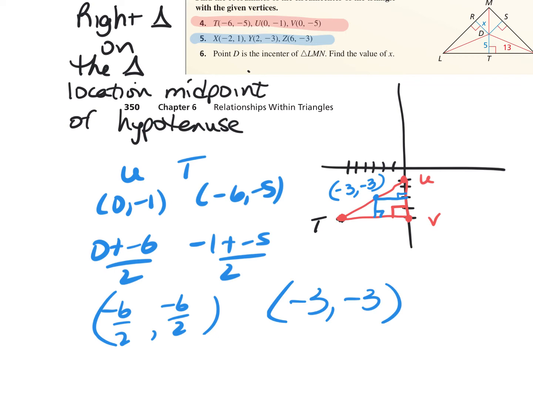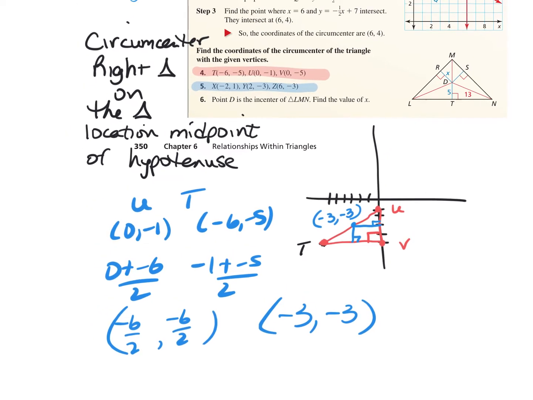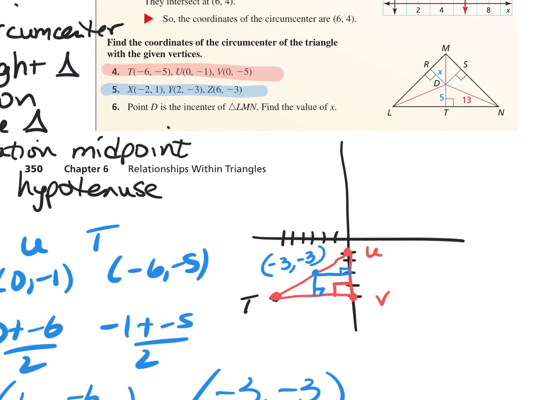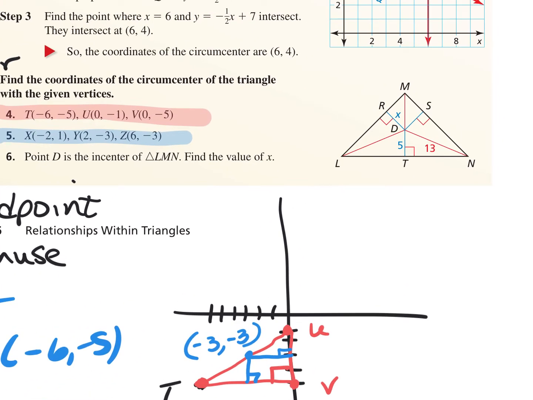For number 6, the figure on the right is the figure they're asking us to use. They're telling us that point D is the incenter, and I know that the incenter is the point of concurrency of the angle bisectors. I know from the theorem that from that point of concurrency, I can draw equidistant segments to each of the sides.